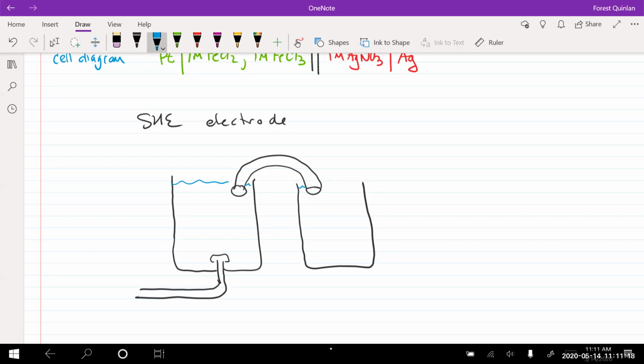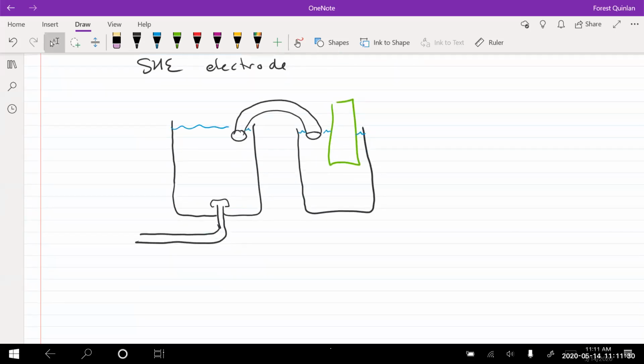And I had my zinc electrode in there. I had my 1 atmosphere of hydrogen, and I had my platinum mesh in here. And I had my 1 molar HCl. And on the zinc side, I think I had 1 molar zinc sulfate.